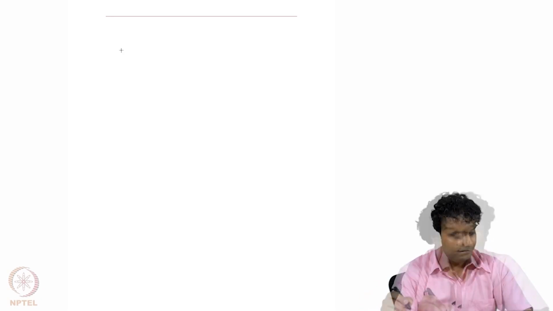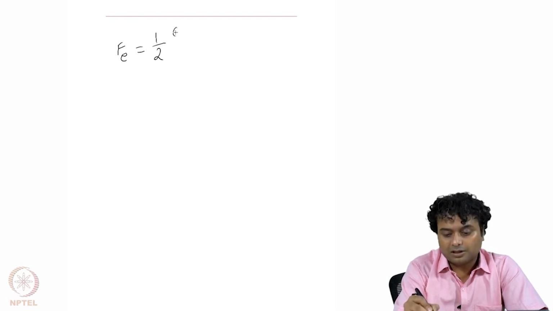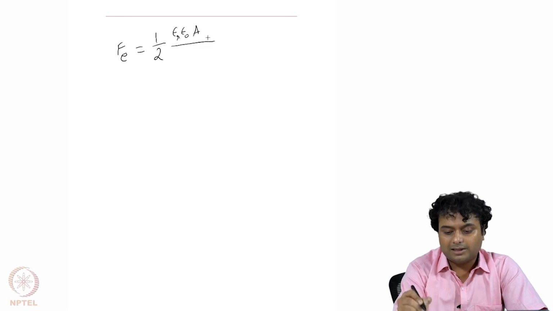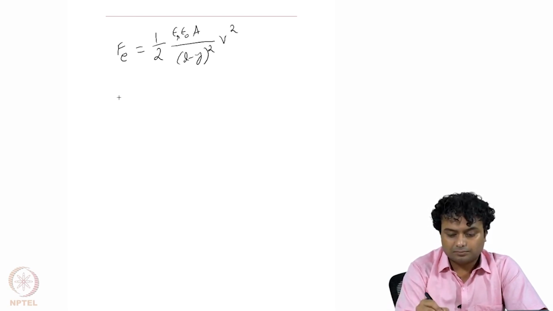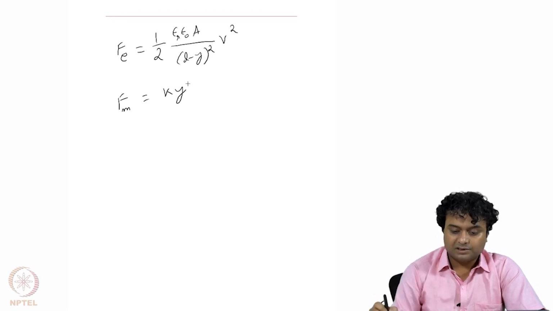So for that, my electrostatic force Fe is equal to half into epsilon r epsilon naught A divided by d minus y whole square, into v square, and the mechanical force, let us say I call it Fm, equals ky.